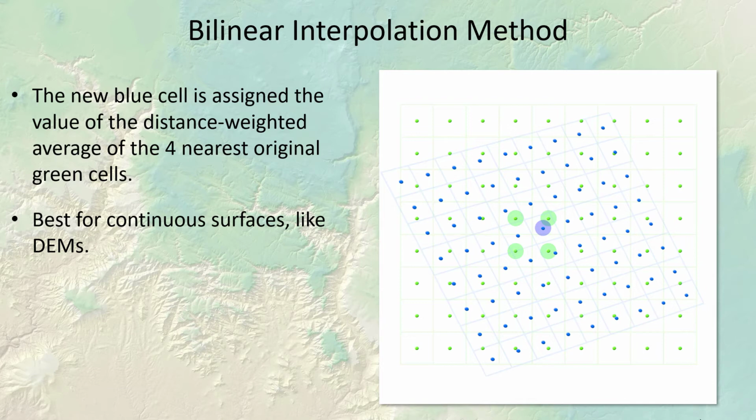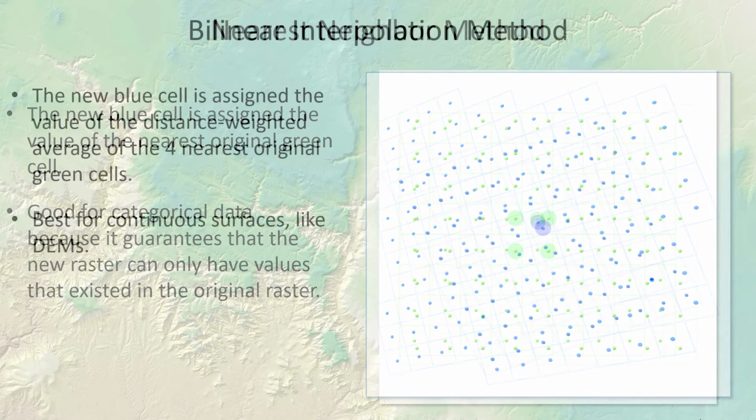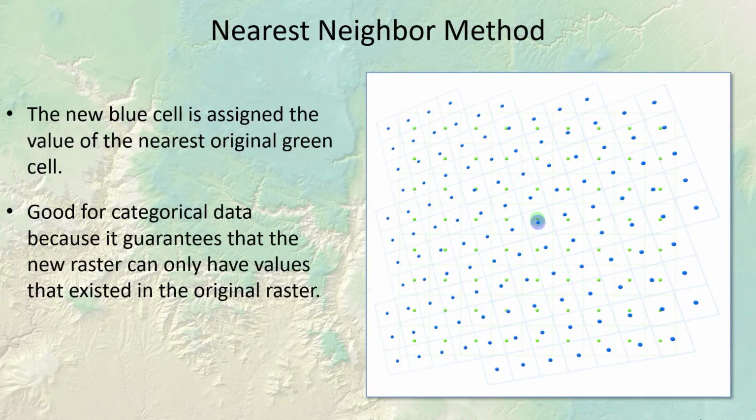We're going to discuss bilinear interpolation in a few weeks. But basically this means that the new value is an average of those four original values. All right, so we've discussed two methods: nearest neighbor and bilinear interpolation. Nearest neighbor takes the exact value of the nearest cell.